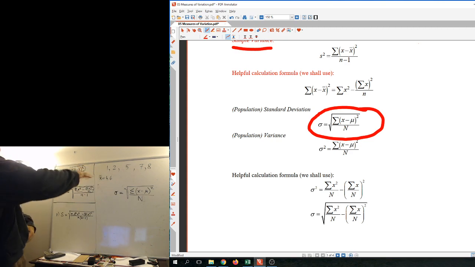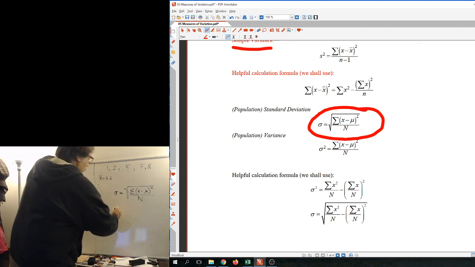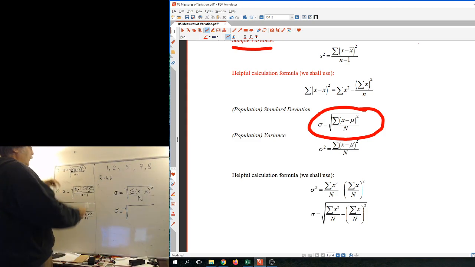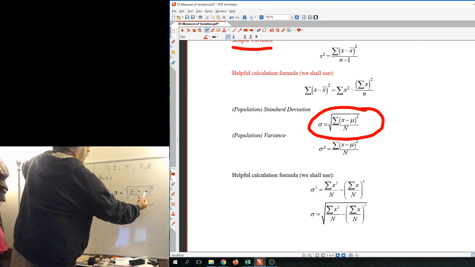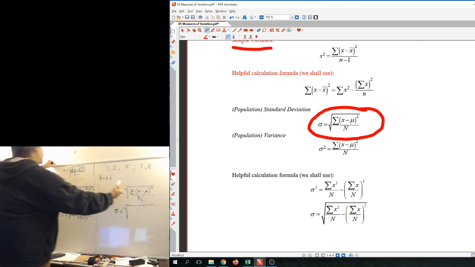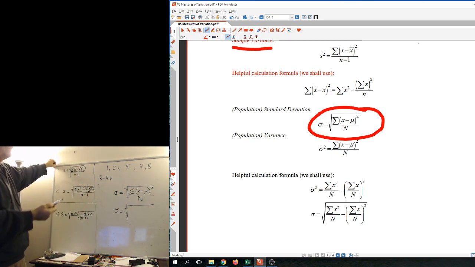Now you have the same story here. If I write a table, I would write the same table I was writing for this formula. The top is exactly the same except for a label. Here the label is mu, Greek mu. Here is the mean of the sample, but it's still 4.6.